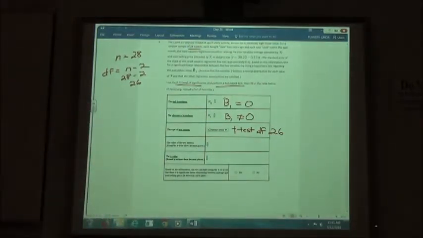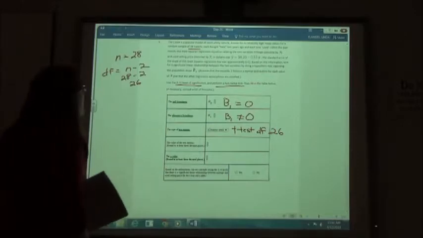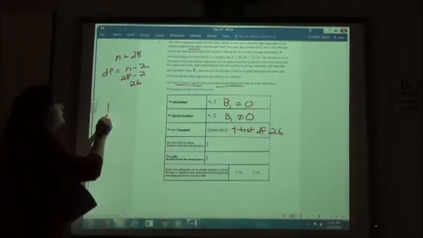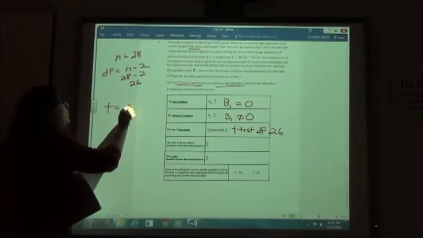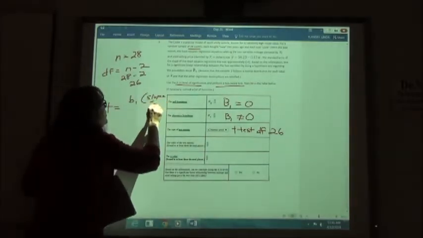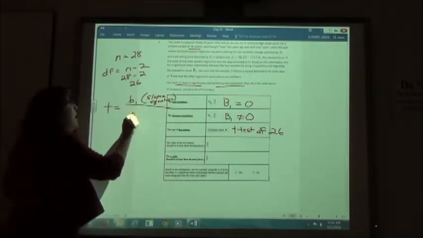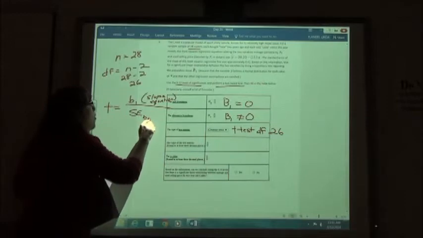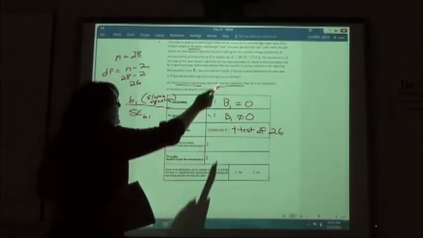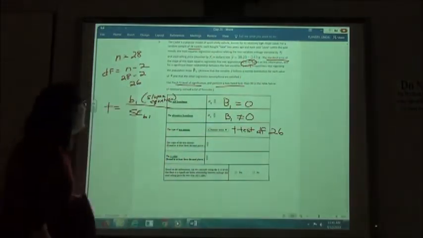We then use the formula here for our t value. Since we're doing the population slope, that's the easier one to do. T is equal to B sub 1, which is the slope of your equation, over SE B sub 1, which is the standard error value, which is that one right there.